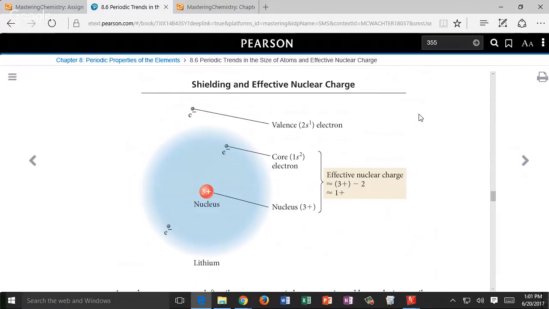So that's why we have this contraction across the row. There's a higher effective nuclear charge, with more protons and more electrons pulling each other together.